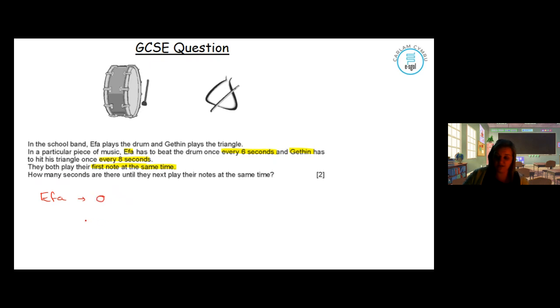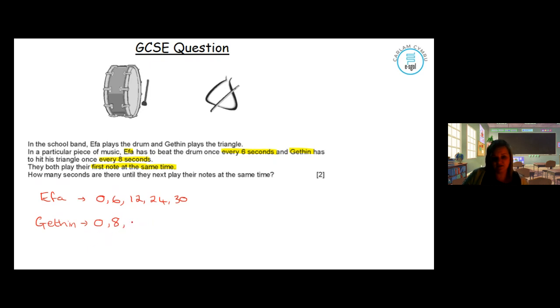The first time Eva beats her drum, it is 6 seconds in. She next beats her drum at 12 seconds, and then 24 and 30, and she'll keep doing that every 6 seconds. Gethin, however, when the timer starts, is on 0, and the first time he hits his triangle will be after 8 seconds.